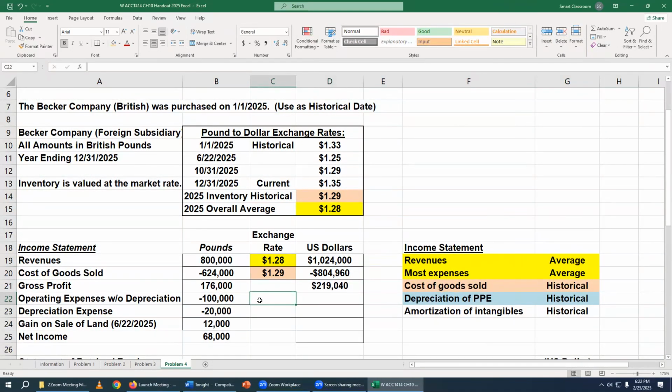Normal operating expenses are going to be just at the average, you know, lighting and all that kind of stuff you pay throughout the year. Electricity, rent, blah, blah, blah. You get the idea.